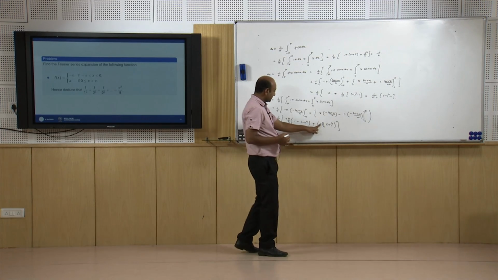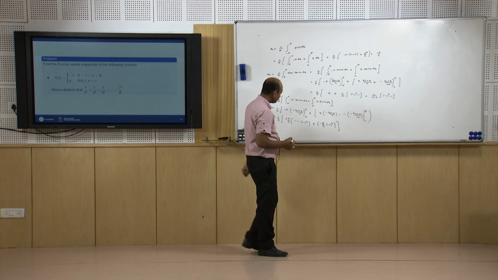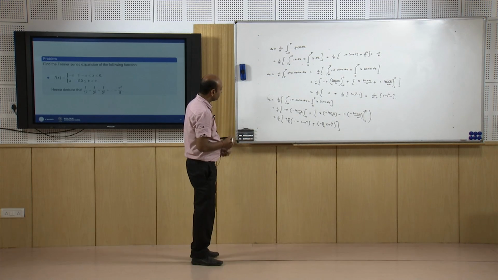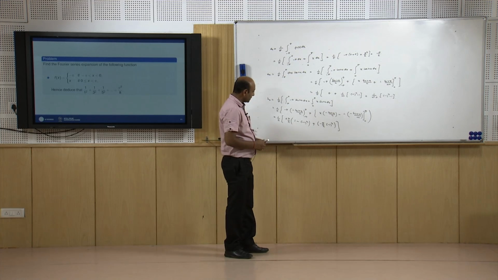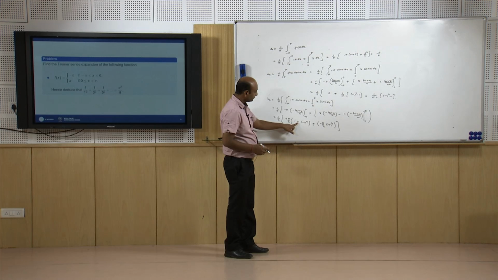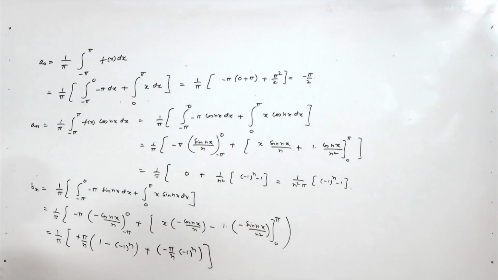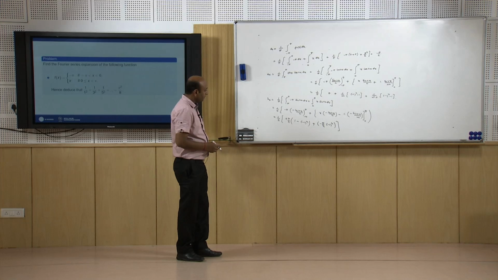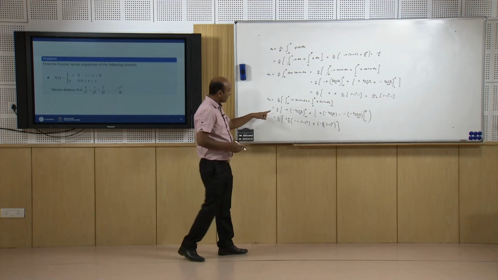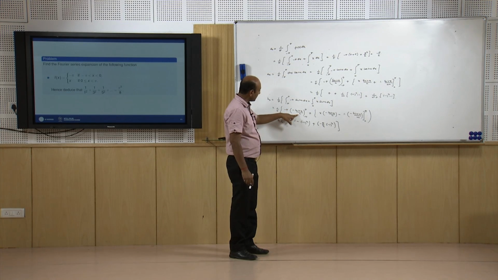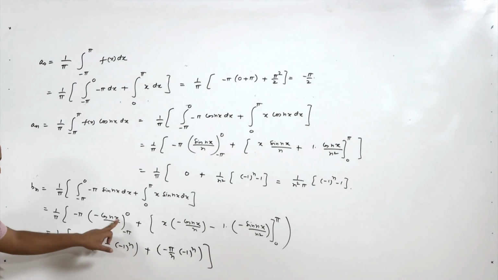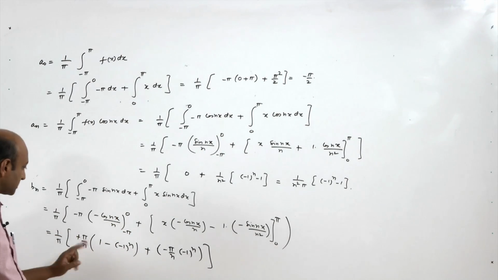Now, what will we obtain from here? Let us see it once again: it is minus cos nx upon n from minus pi to 0. When it is 0 it is 1, when it is minus pi it is minus 1 to the power n, so it is plus. Okay.